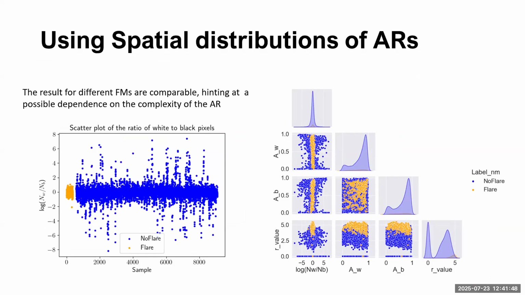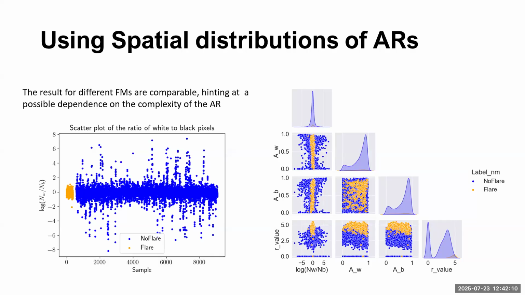Here you have the number of white pixels to the number of black pixels. You have the spatial complexity measure for the white pixels and for the black pixels, and the R value, which is the sum of the flux around the polarity inversion line.